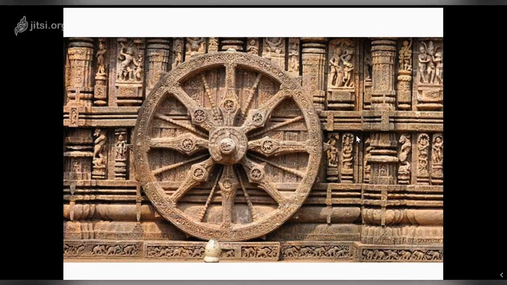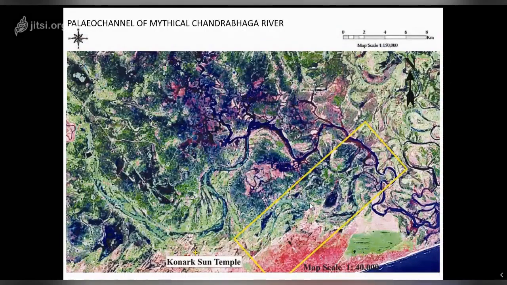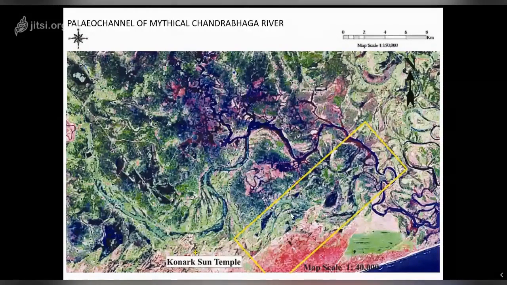They have been able to locate traces of it. The trace within the yellow rectangle is the trace of the Chandrabhaga River. This is a meander which starts here, and then comes here.